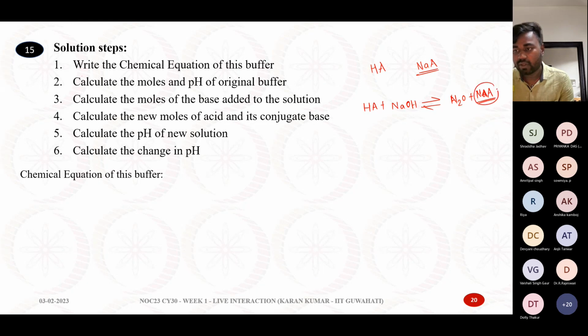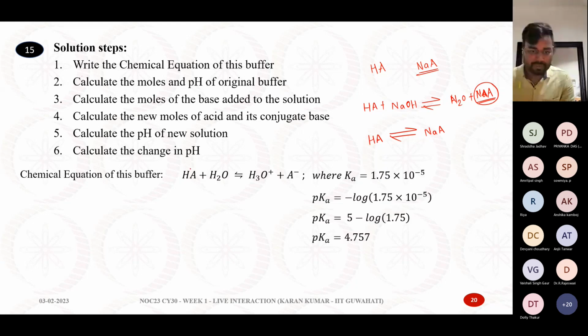This will be its conjugate base. Okay, you can also represent it as HA and NaA, right? So now write the chemical equation of buffer.